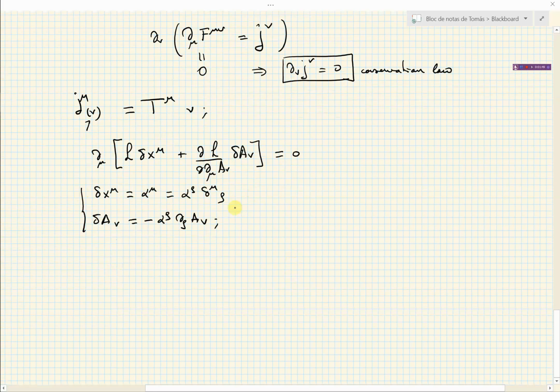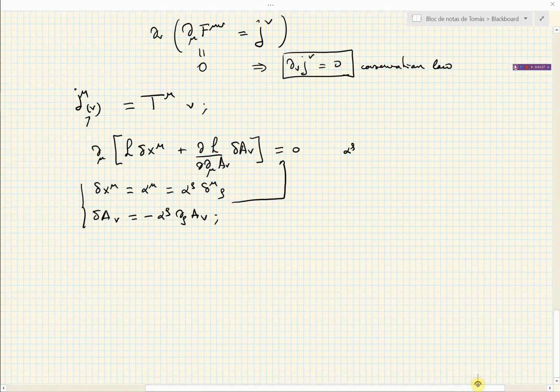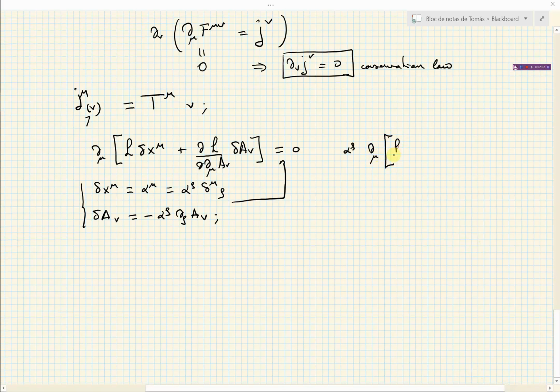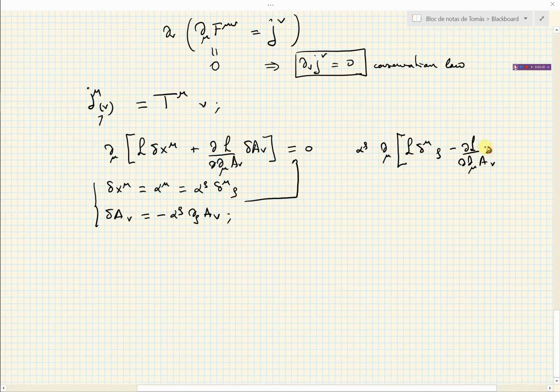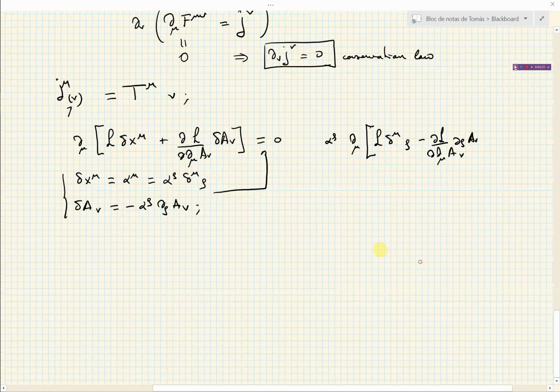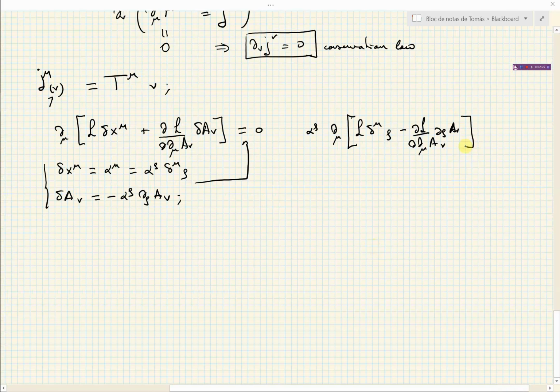So you come here and you find, taking alpha^rho as a common factor, the conservation of L delta^mu_rho minus partial L over partial partial_mu A_nu, and then partial_rho A_nu equal to 0.